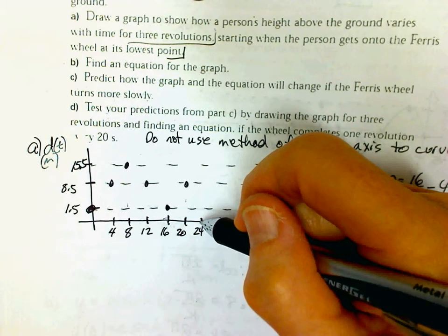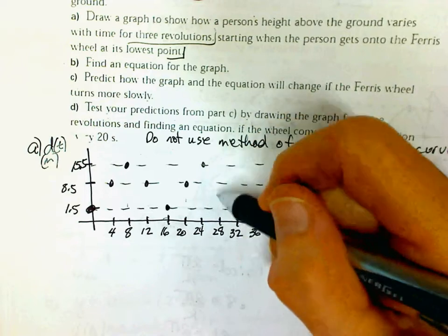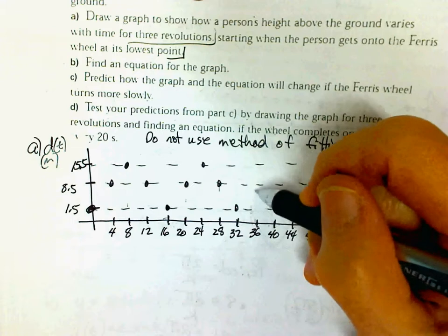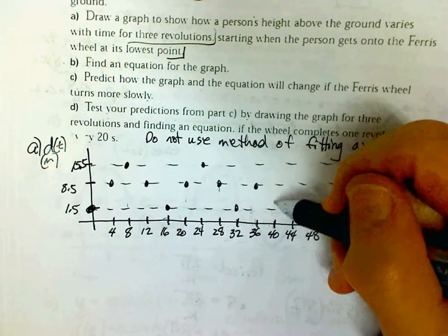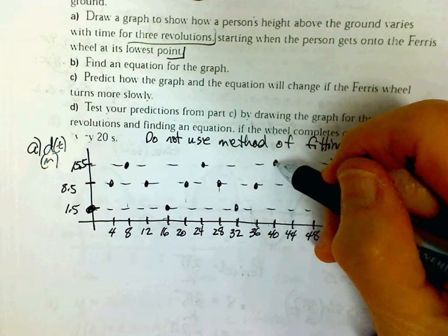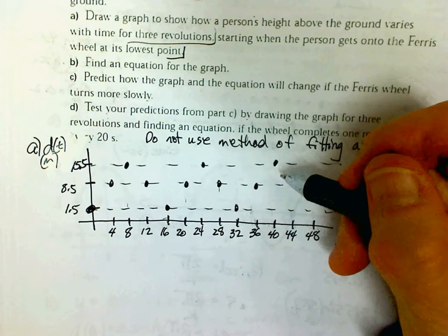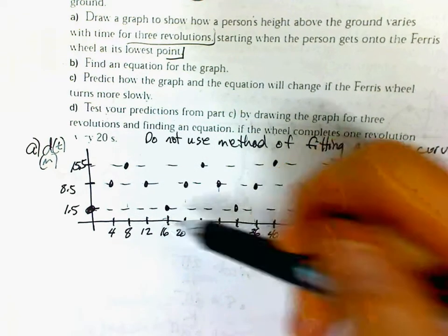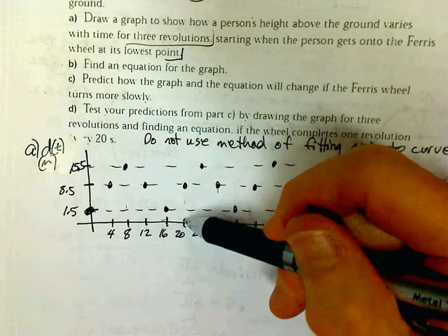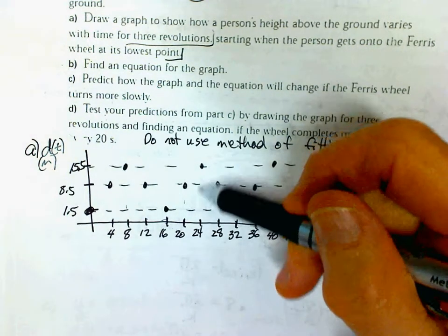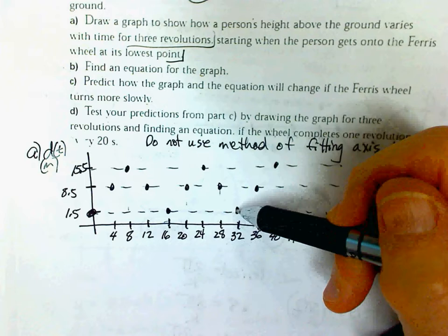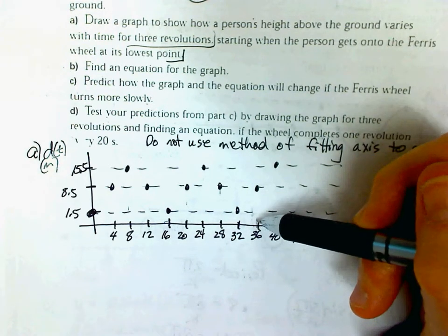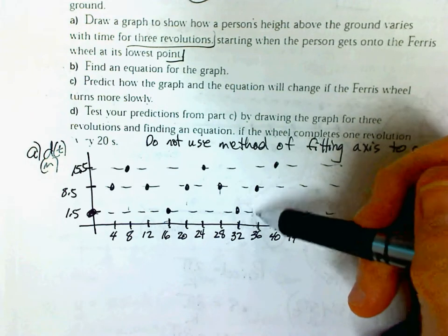And then at a low. Okay, at 16 a low point. At 40 it should be a low point. So 20, 24, 28, 32. Yeah, 32 a low point. 36, 40 a max. Good. 44, 48.